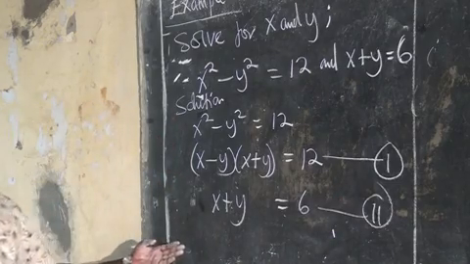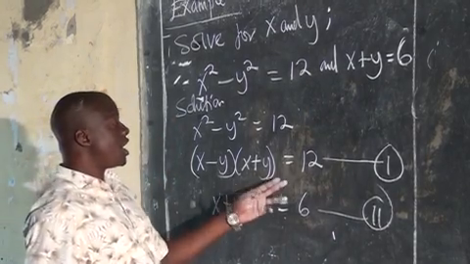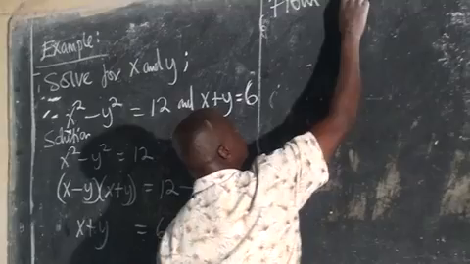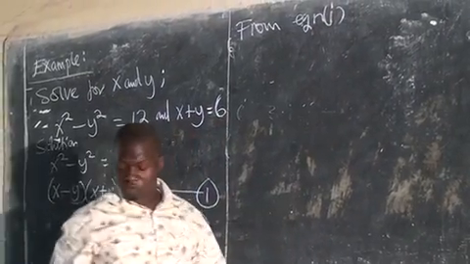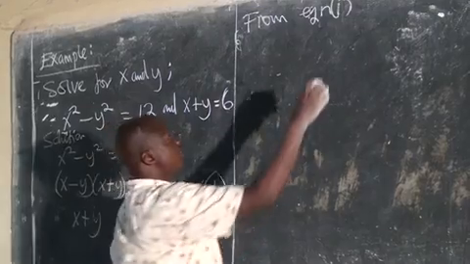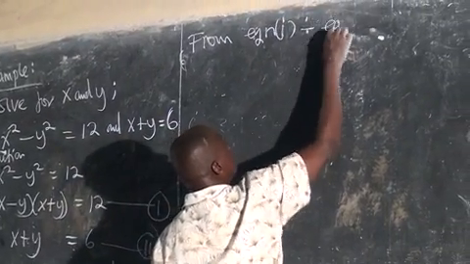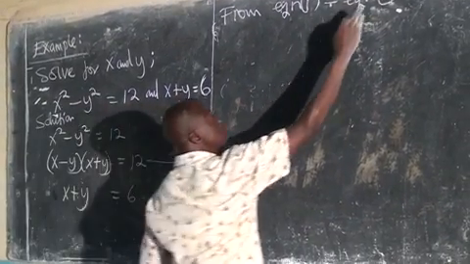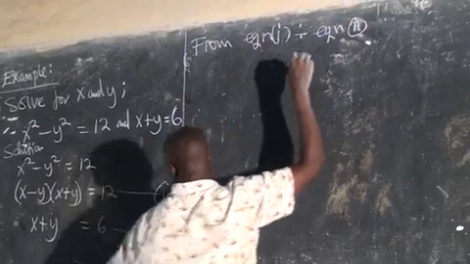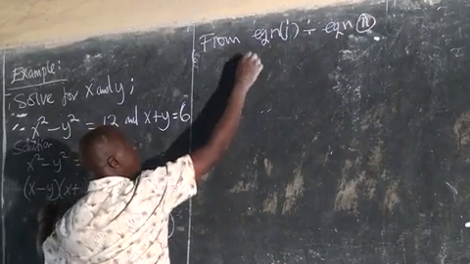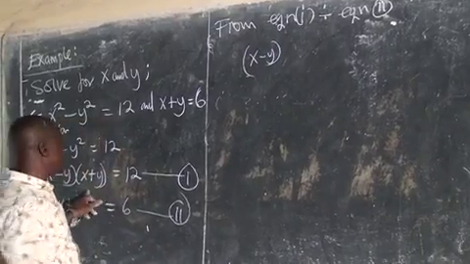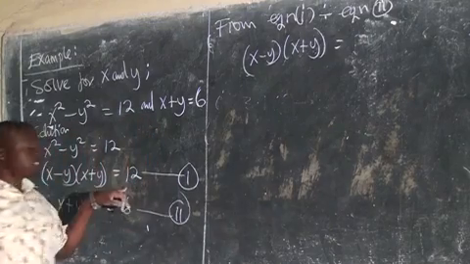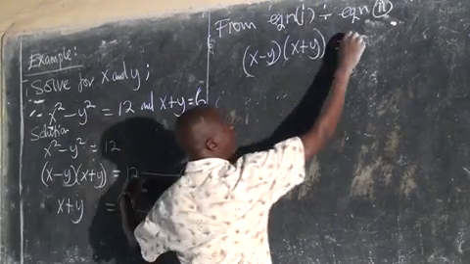For this case, allow me to divide equation 1 by equation 2, where in equation 1 we have x minus y and also x plus y, equivalent to 12.